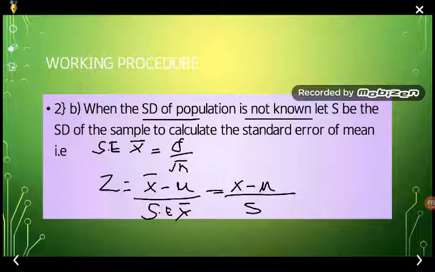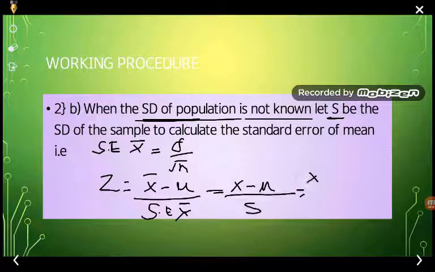So I already said that when the standard deviation of the population is not known, जब हमें standard deviation of population पता नहीं रहता है, तब हमें S consider करना पड़ता है कि that may be the standard deviation. S will be the standard deviation of the sample. S हमने consider किया है. And then we have to calculate the standard error.